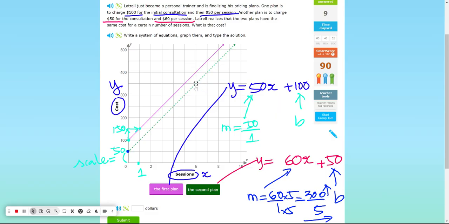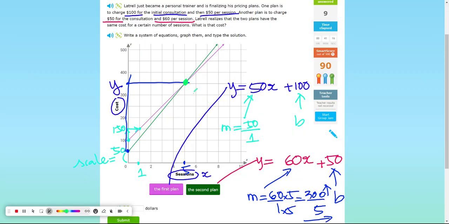Take a look over here, this is number 5. From 50 go up 300, so I go up to 350 right here, and then go to the right side 5. If you notice, both plans intersect right here.